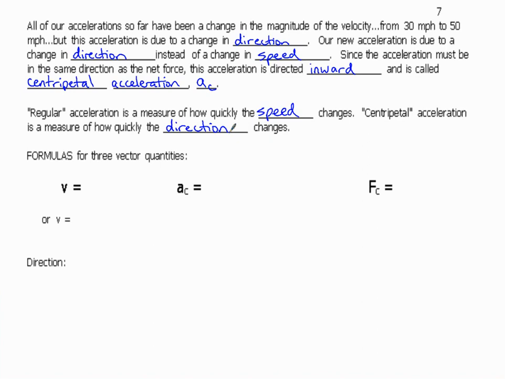Some formulas for these vector quantities. Velocity, we've already seen this one: 2 times pi times the radius divided by the period. This is how far it traveled, this is how long it took. Distance divided by time. Or it could be in terms of frequency: 2 times pi times the radius times the frequency.